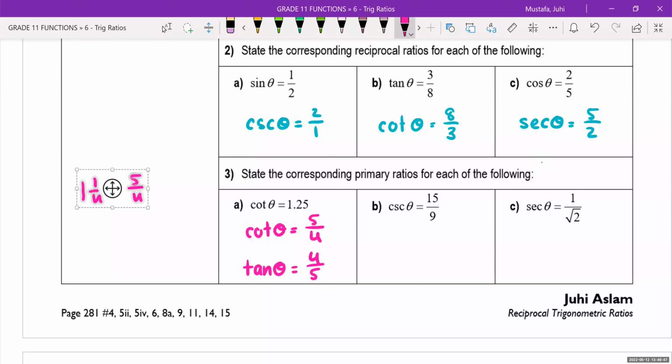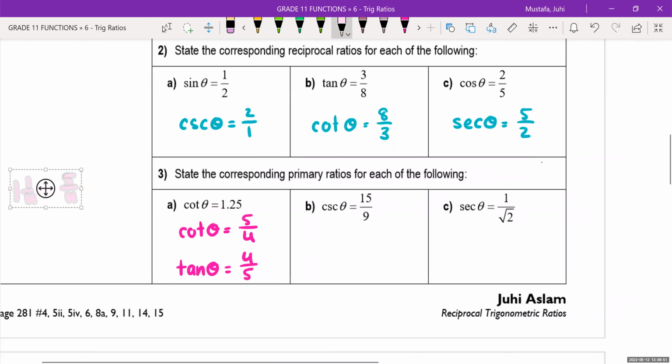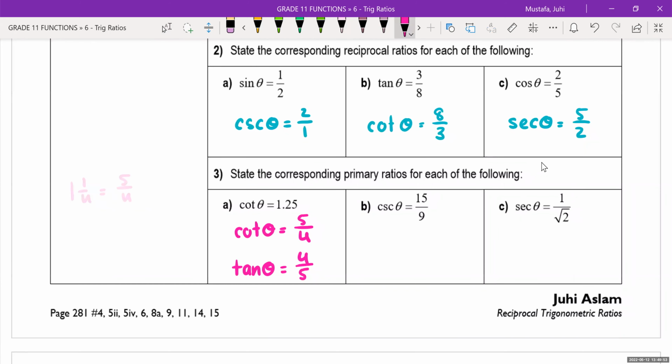The primary ratio to cosecant is what? Good, so we're just going to write this as sine theta is equal to 9/15. And then for secant, it's cos theta is equal to √2/1 or just √2.